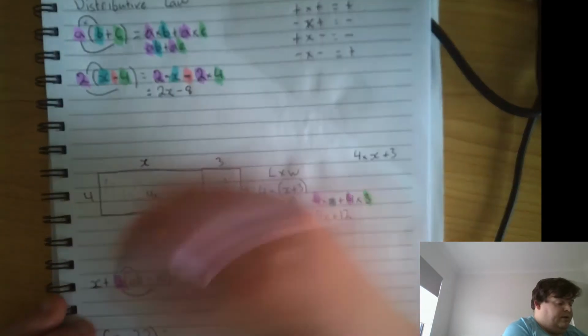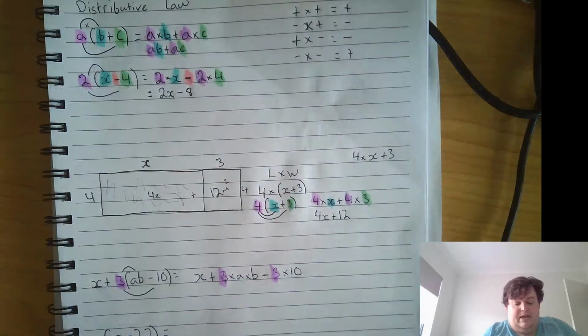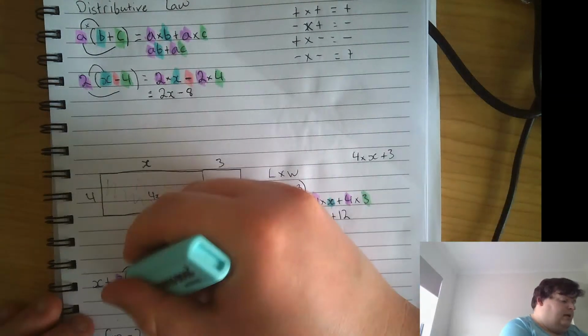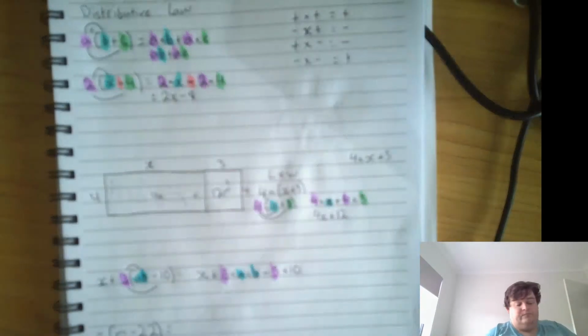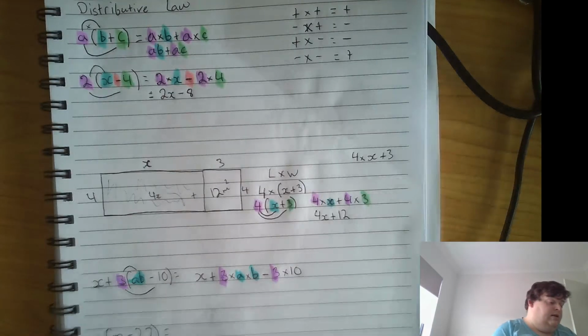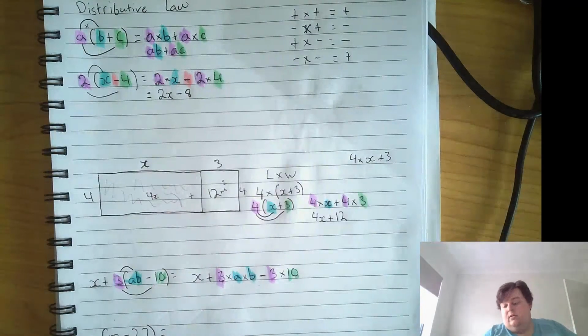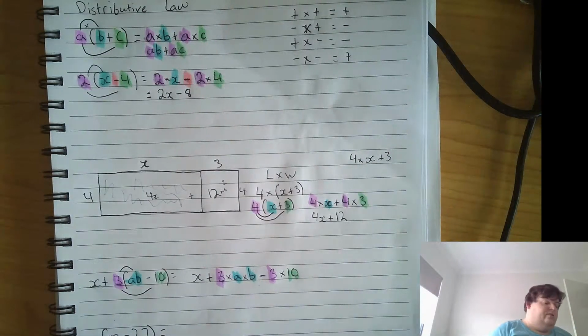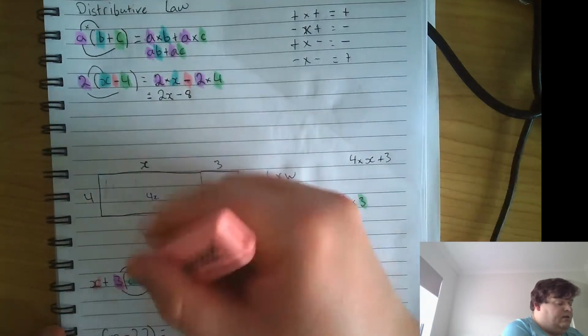So we've got our 3 there, our a and b are both there, and our 10 is there, which means that our x has stayed put, right? And so has our minus sign in between.